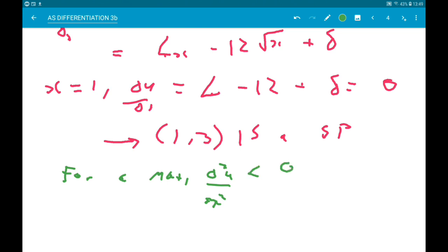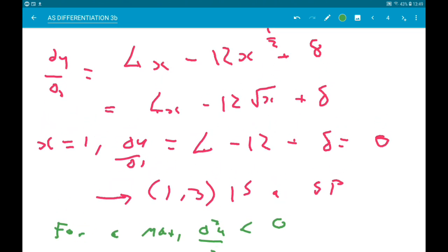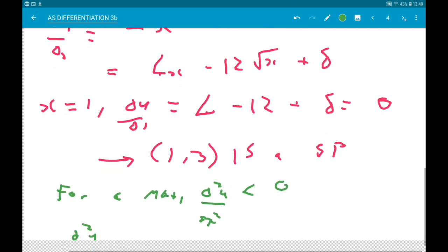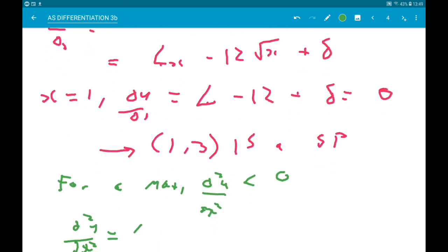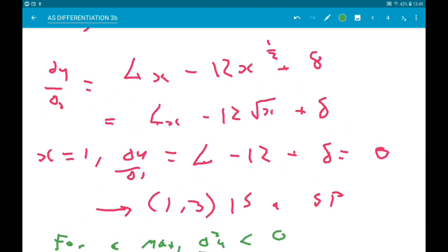So d squared y by dx squared is gonna be 4 minus another half multiplies 12, so we get 6x to the minus 1/2.